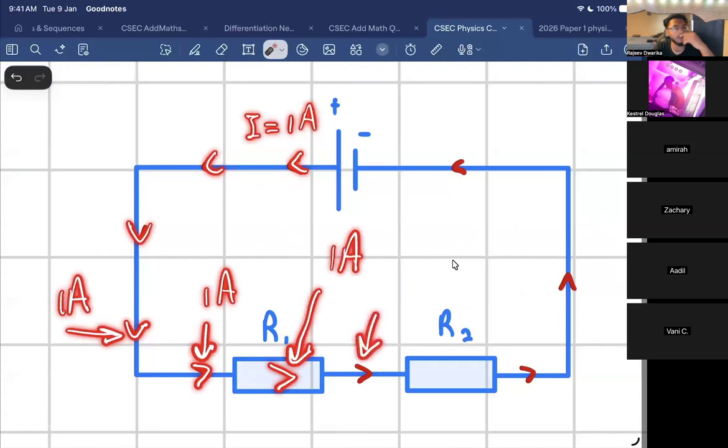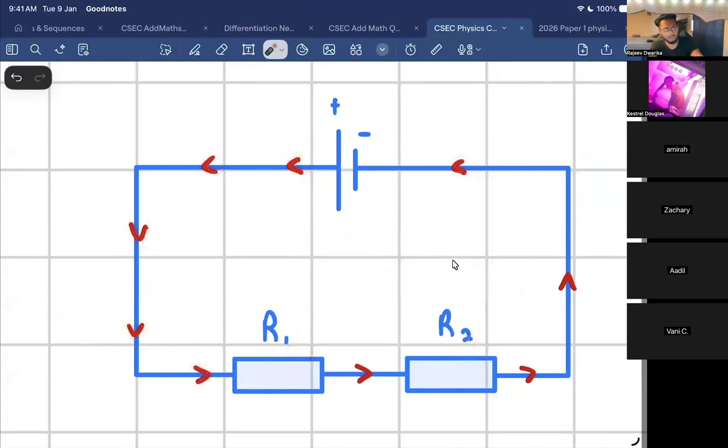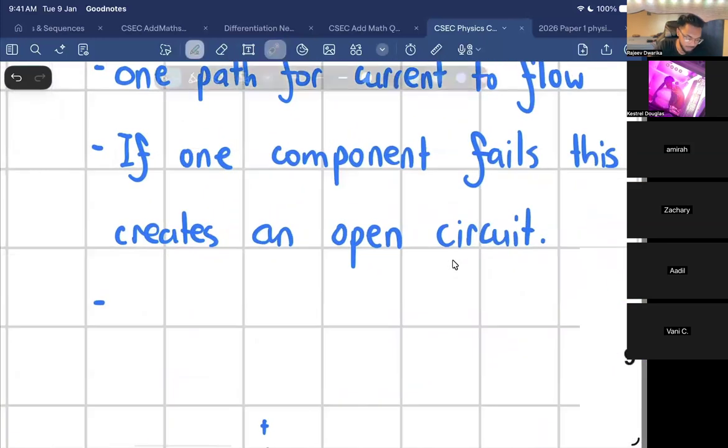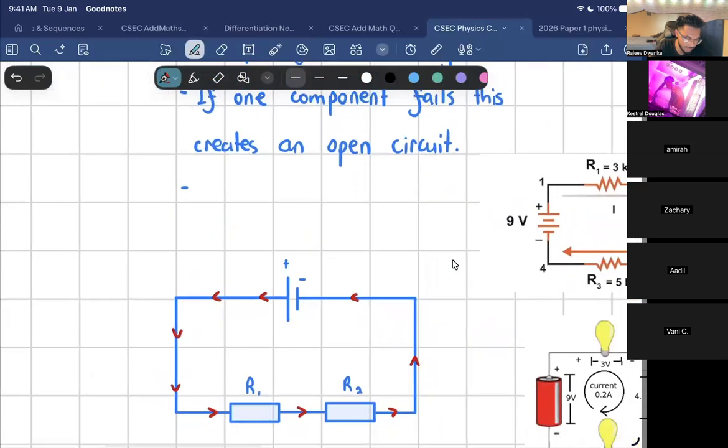What's the current here? 1 amp. What's the current here? 1 amp. What's the current here? 1 amp. Right, because the current could only take one path. So in a series circuit, the current is the same everywhere. So the current through each component is the same for a series circuit. That's what I'm trying to say. Do you understand that?